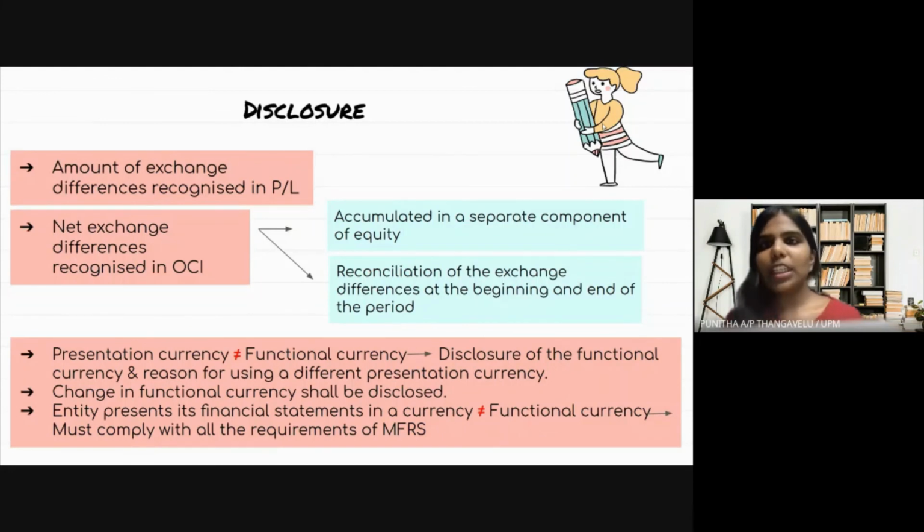Next, when the presentation currency is different from the functional currency, the entity should state it and disclose the functional currency and the reason for using a different presentation currency.